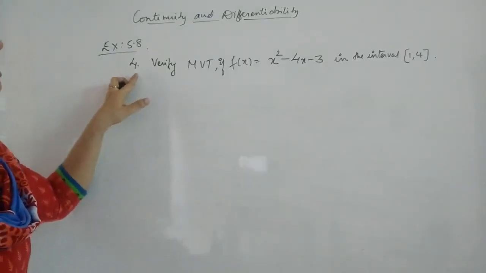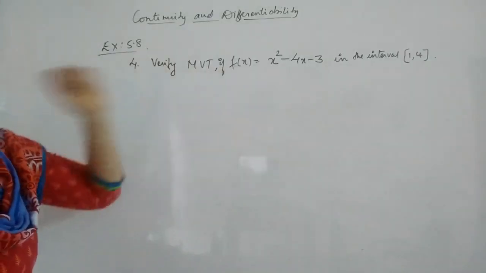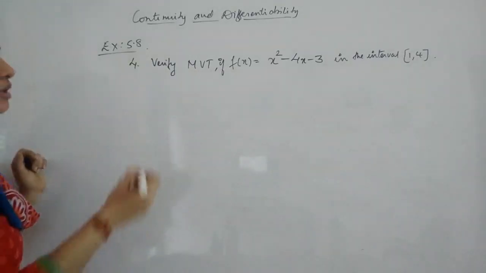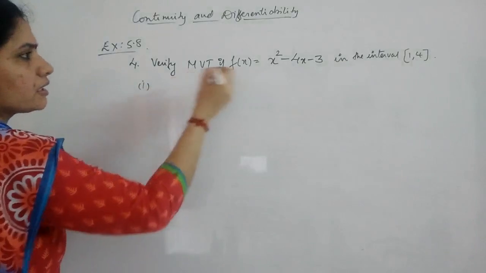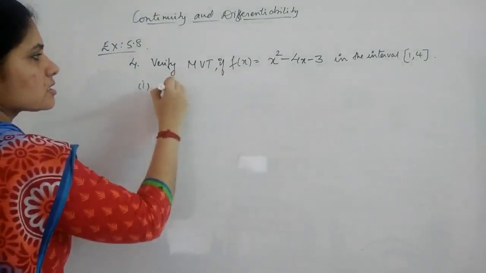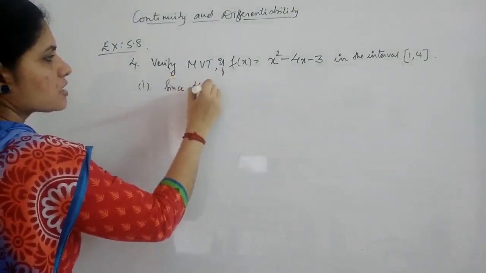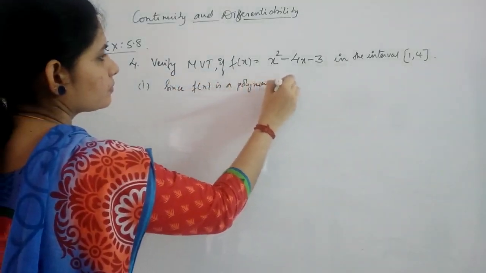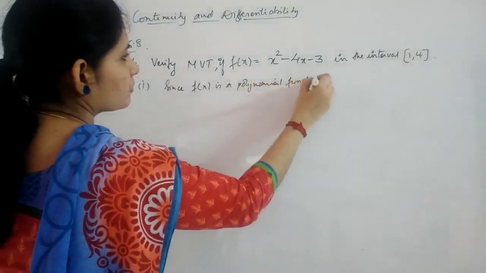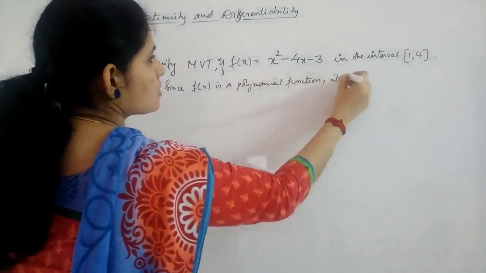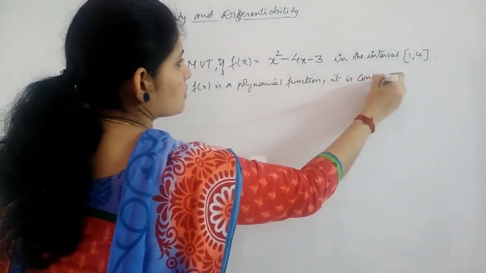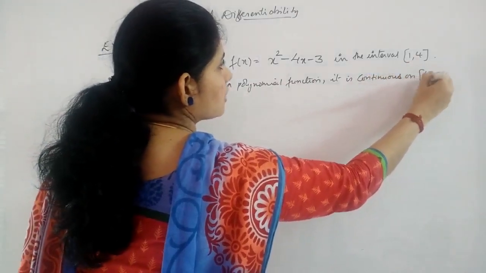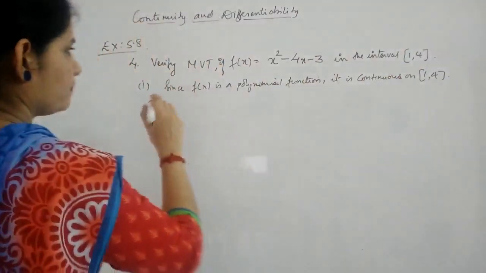The fourth question is, verify MVT if f of x is equal to x square minus 4x minus 3 in the interval 1, 4. First we have to verify whether it is continuous or not. Since f of x is a polynomial function, it is continuous on the closed interval 1, 4.